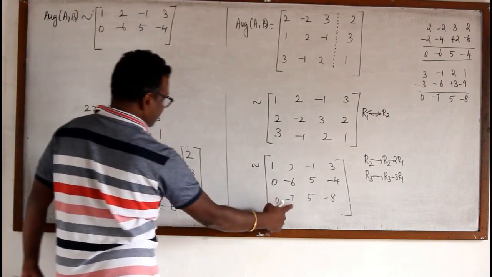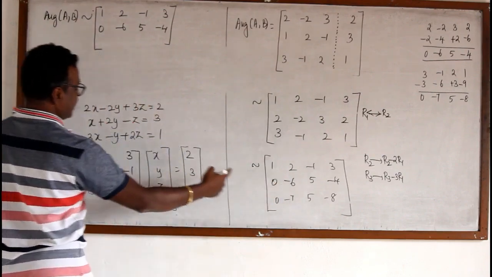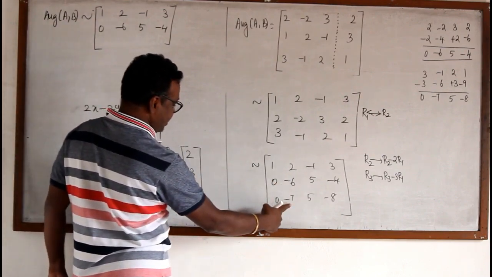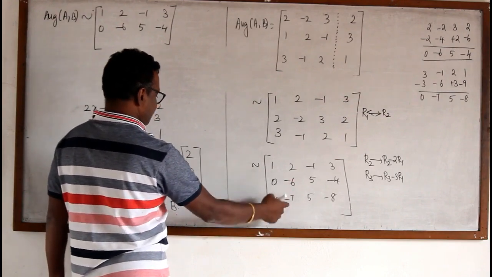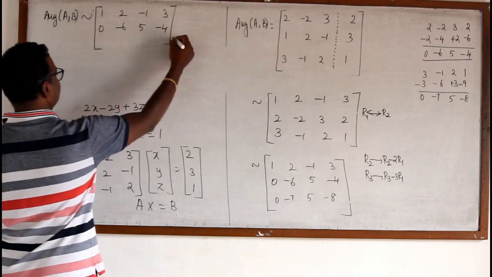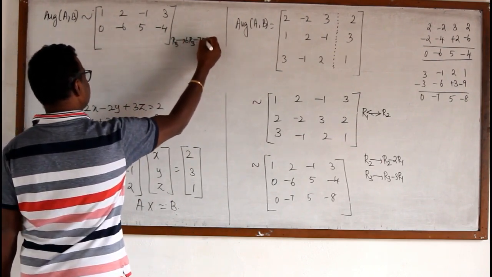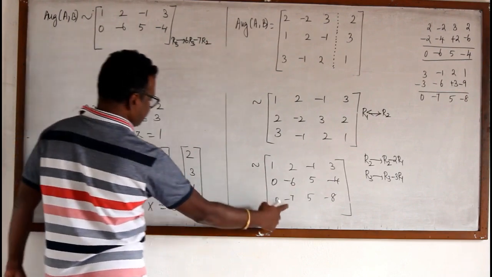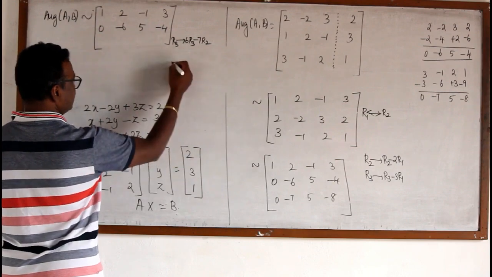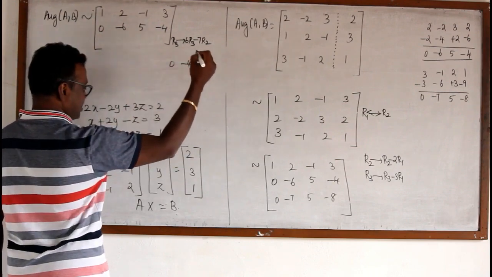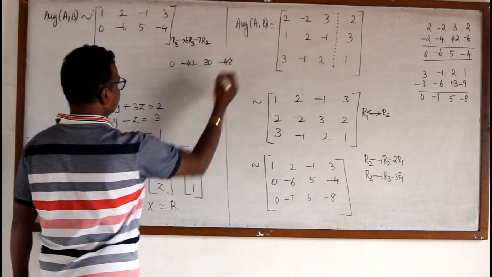Now, I need this 7 to be 0. I can operate only with R2. If I multiply this one by 7, this will become minus 42, and multiplying R3 by 6 gives minus 42 as well. When I subtract, those two will become 0. So what I am doing is R3 written as 6R3 minus 7R2. Multiply R3 by 6: 0, minus 42, 30, minus 48.